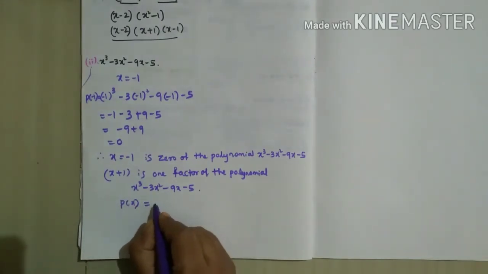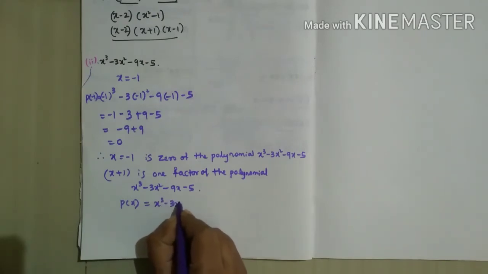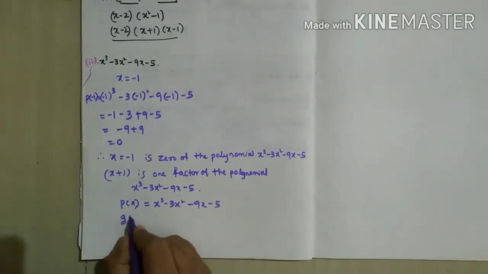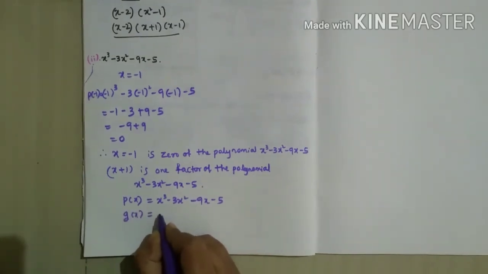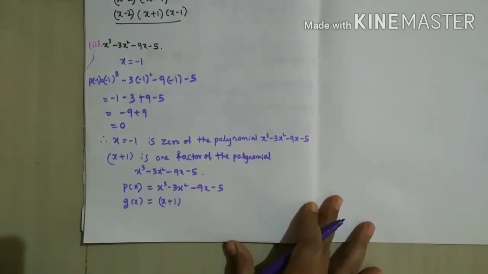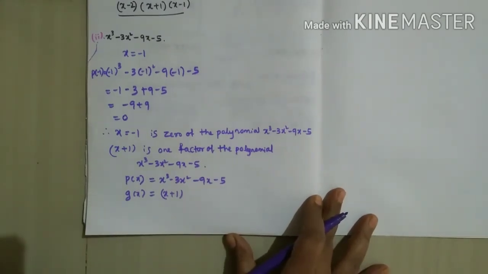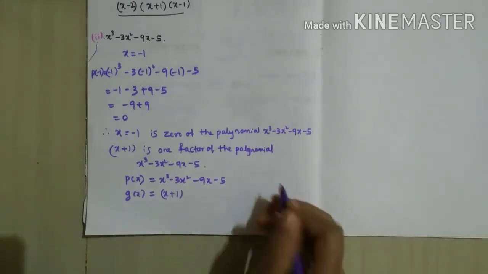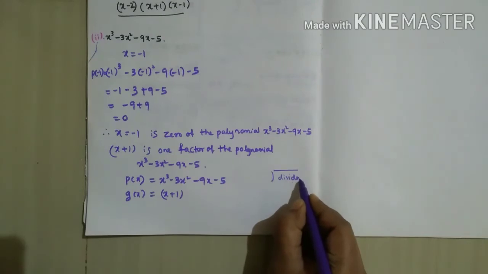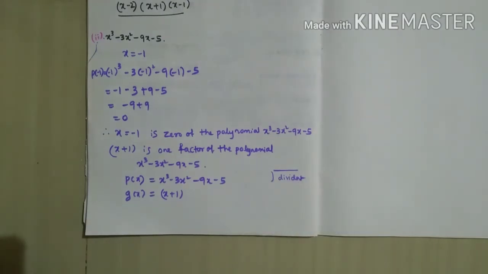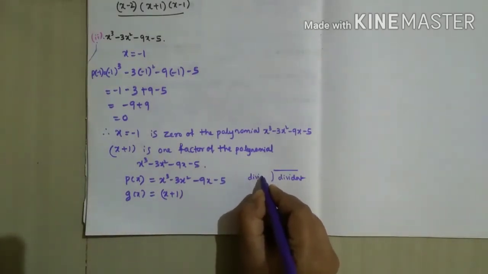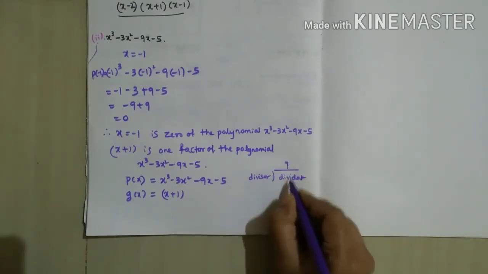p of x is equal to x cube minus 3x square minus 9x minus 5, and g of x is x plus 1. Before going to write the long division method, you should know that while doing the division, here will be the dividend, here the divisor, here the quotient, and here the remainder.